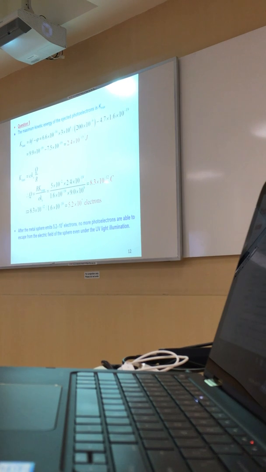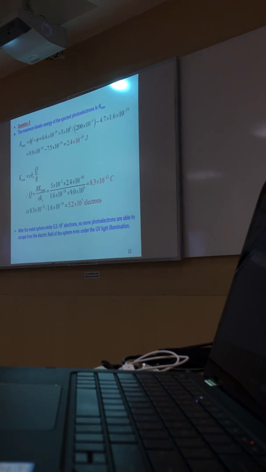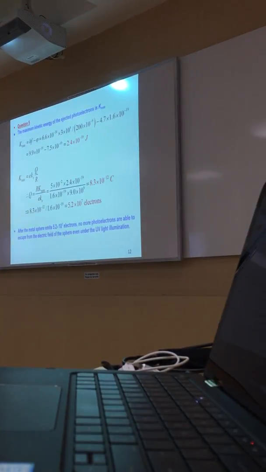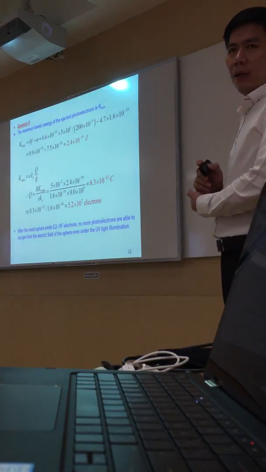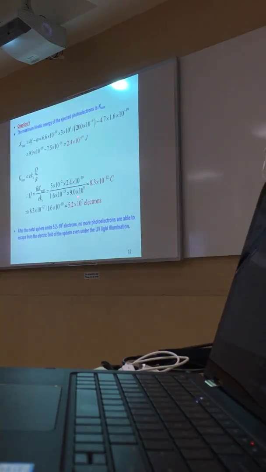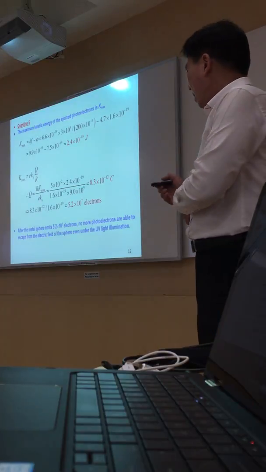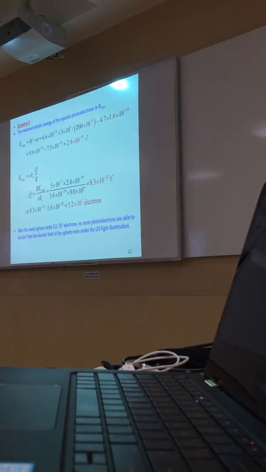What it means is that when the sphere is charged up to 8.3 times 10 to the power minus 12 Coulomb, then no more electron can be freed. You can convert this to the equivalent number of electrons, which is 5.2 times 10 to the power 7 electrons. So once that number of electrons have been freed, subsequently no more electron can come out. Therefore, this is the amount of charge that will be built up in the sphere. Is it clear?